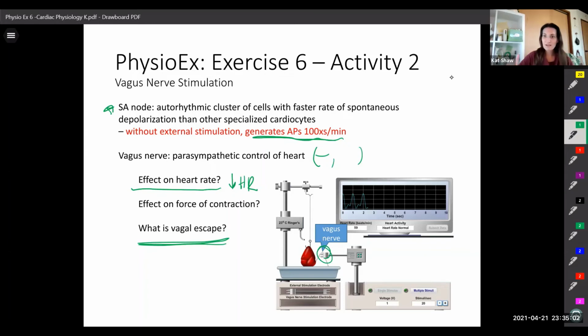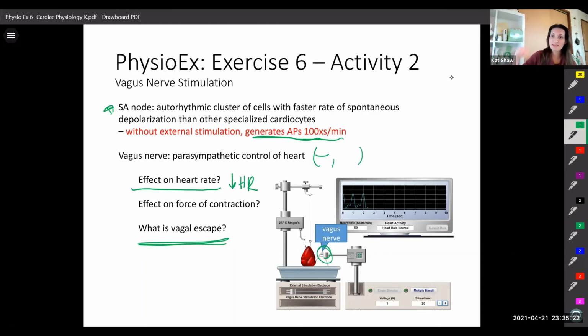There are other ways that could happen. Various types of drugs can have this effect on the parasympathetic input or directly at the AV node, stimulating the heart in the way the parasympathetic division would and decreasing heart rate to a stop.